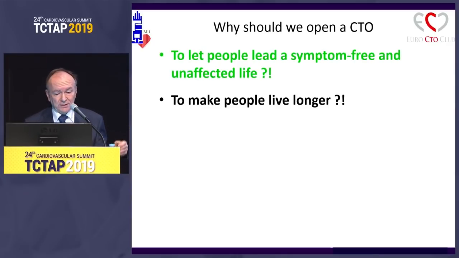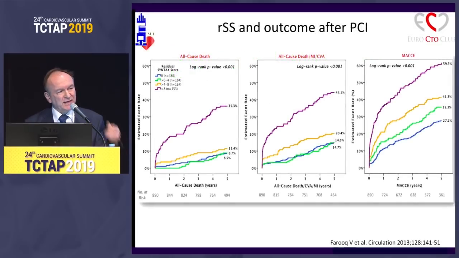Can we show that people live longer? Do we have to show that? Of course, we know from the SYNTAX study, which was presented in one of the previous sessions today, that incomplete revascularization is a major factor of survival after PCI or CABG.